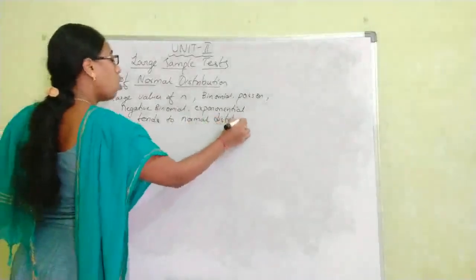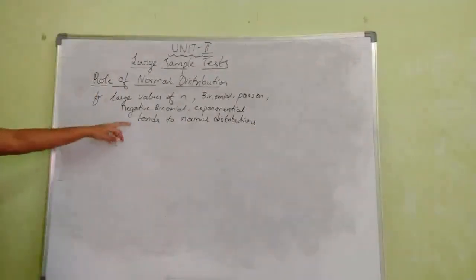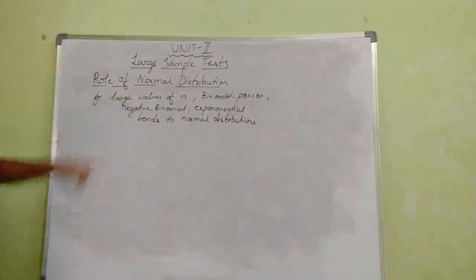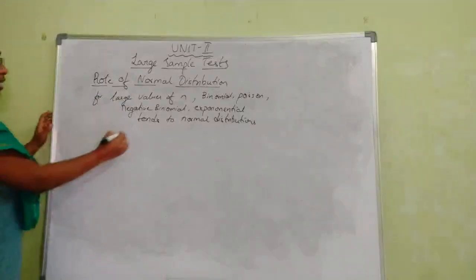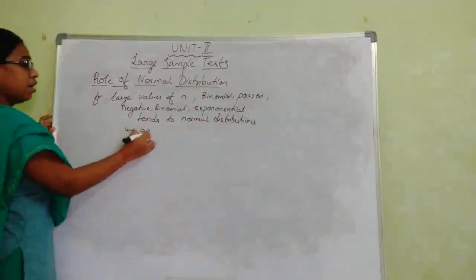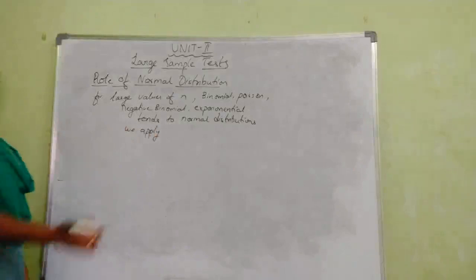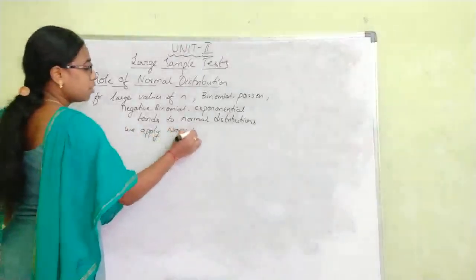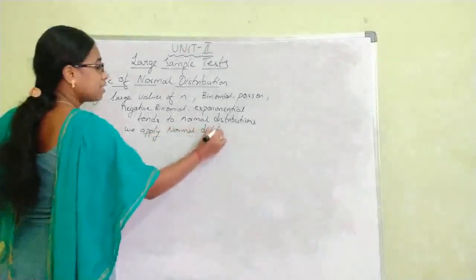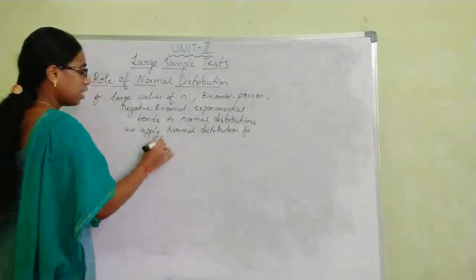So since almost all the distributions tend to the normal distribution for the larger values of n, that's why we apply the normal distribution, the normal test statistic, for testing our hypothesis.